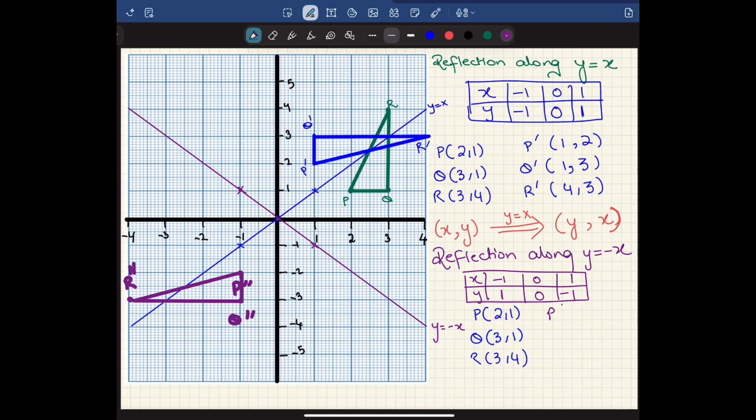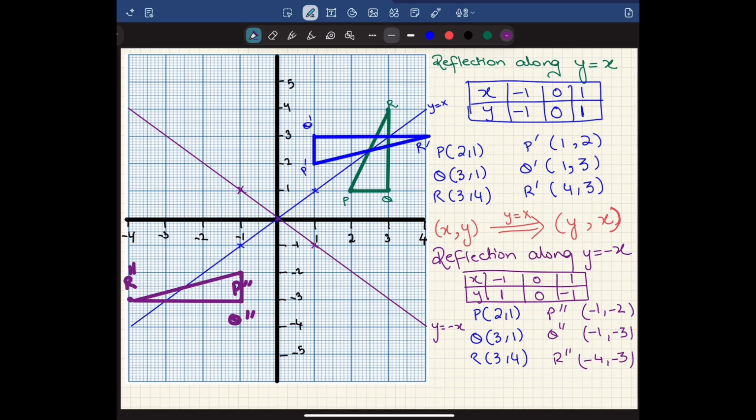What are the coordinates of P double prime, Q double prime, and R double prime? P double prime is negative 1, negative 2. Q double prime is negative 1, negative 3. And R double prime is negative 4, negative 3.